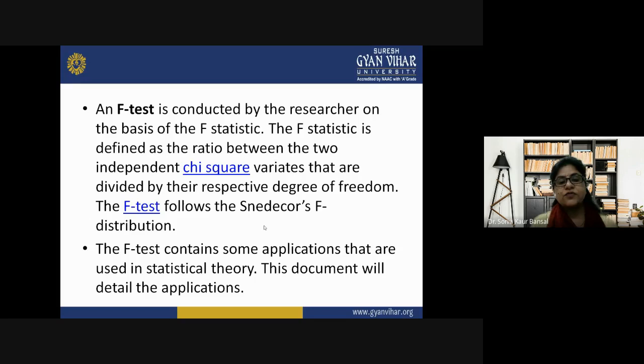The F-test follows Snedecor's F distribution. The F-test contains some applications that are used in statistical theory. This document details the applications.